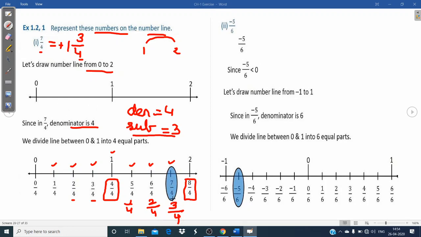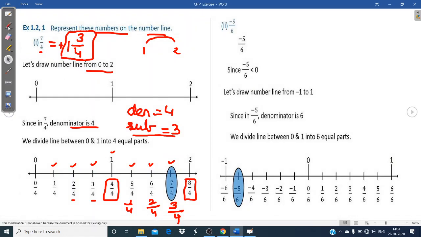So this is 1 3 by 4, which means 7 by 4. Or directly, if you want, you can number while seeing the numerator: 1, 2, 3, 4, 5, 6, then 7 by 4. You can mark it directly by seeing the numerator, or you can solve by the mixed number part. That also works.